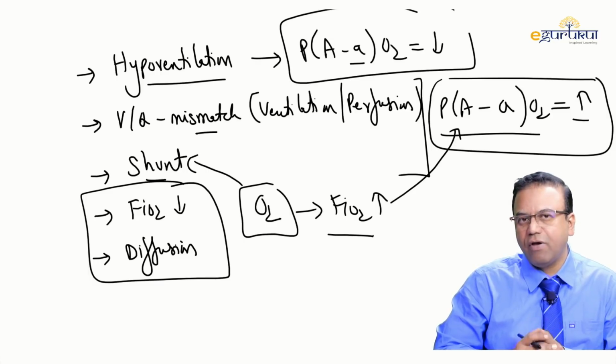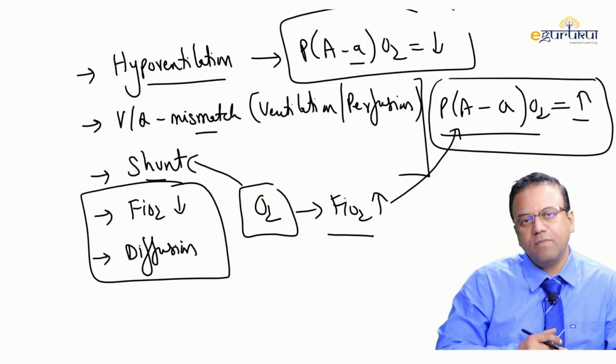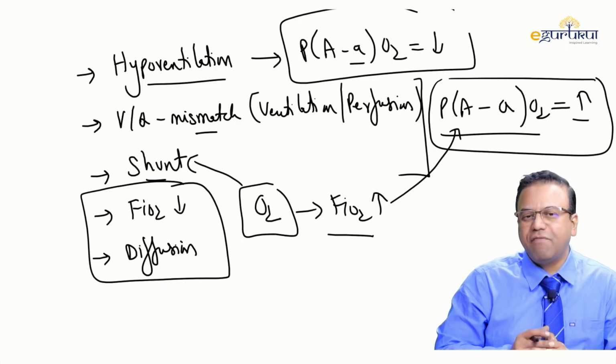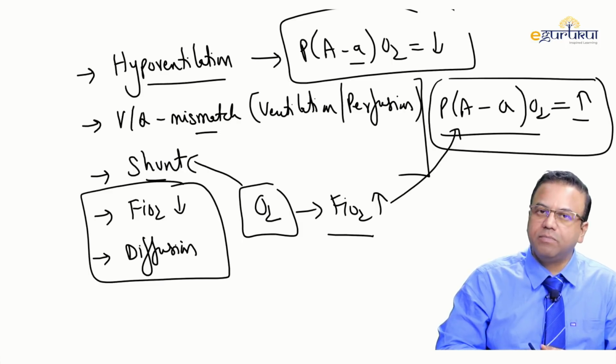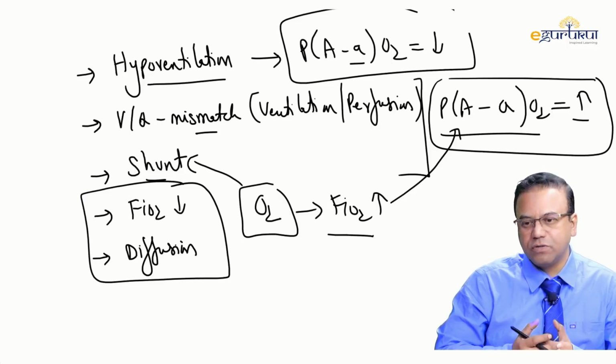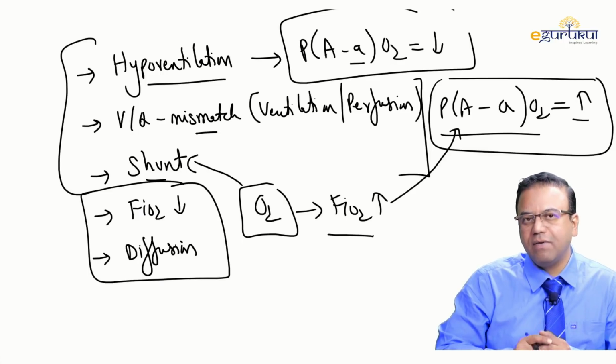You give a higher FiO2 and see if the arterial oxygen is rising proportionate to how you are increasing alveolar oxygen, then that's a VQ mismatch. If it does not, then we're talking about a shunt phenomenon. Low FiO2 and diffusion problems are highly unlikely in a person who is in our hospital. Most of the time it is generally these three things that we are considering when you see somebody having a hypoxia or a hypoxemia.